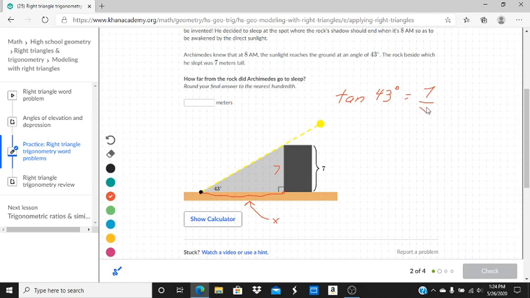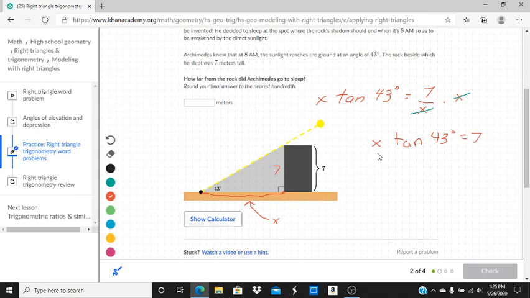Well, we want to get x out of the denominator, so if we multiply both sides by x, on the right-hand side, they divide out. So we get x times the tangent of 43 degrees equals 7.